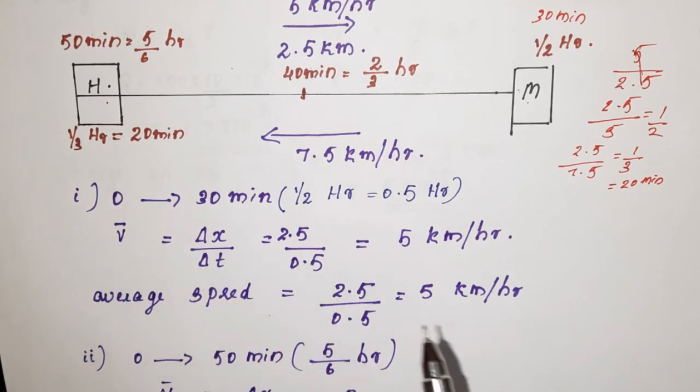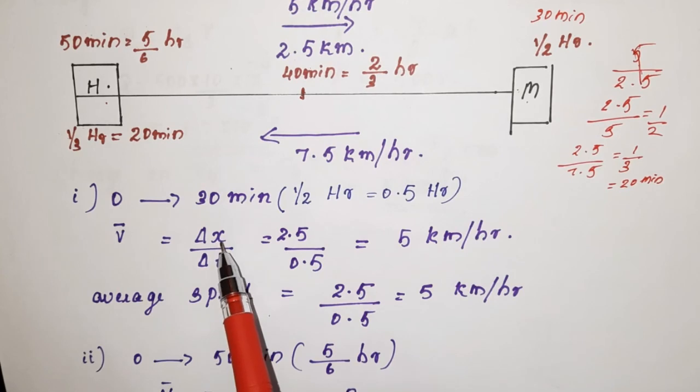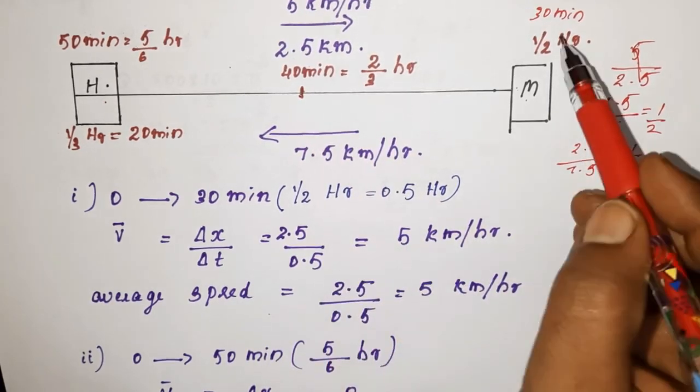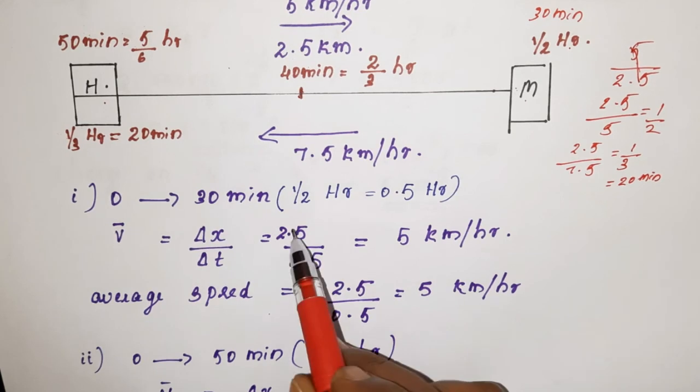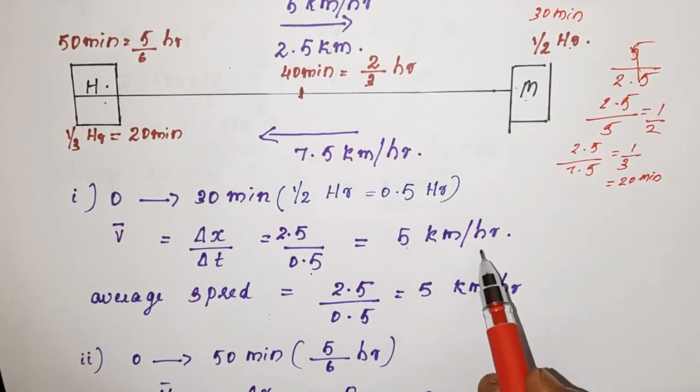So the time taken is 30 minutes or half an hour. Average velocity equals displacement by time. The displacement is 2.5 kilometer, the time taken is half an hour, the same as 0.5 hour, so 2.5 by 0.5 you will get 5 kilometer per hour.